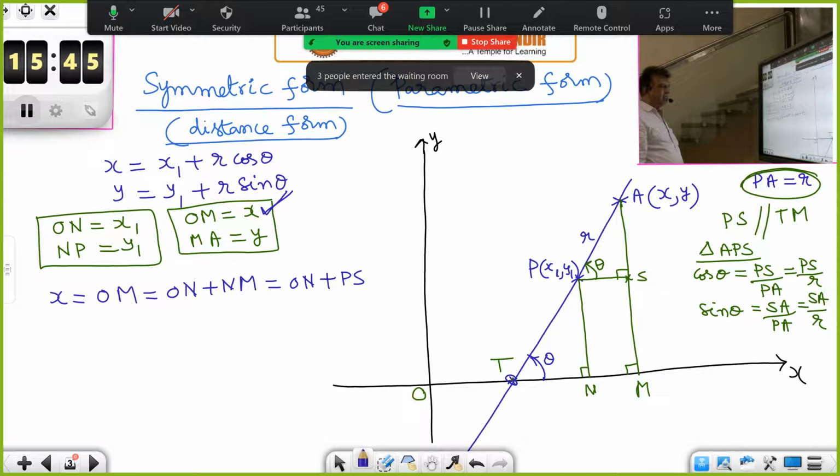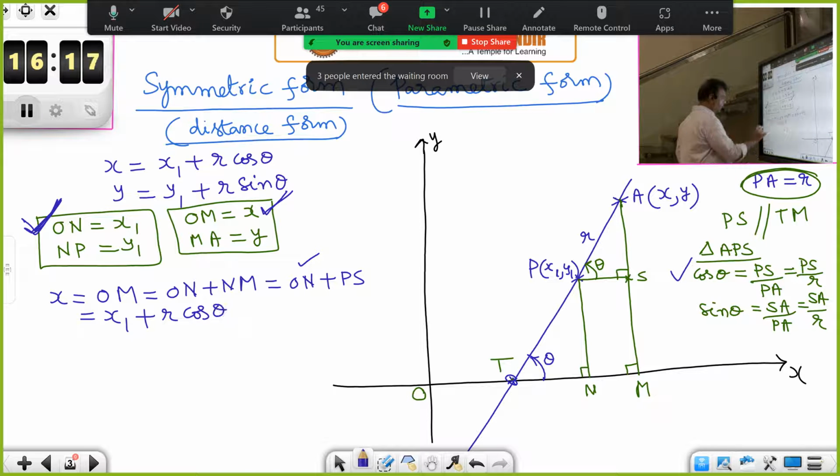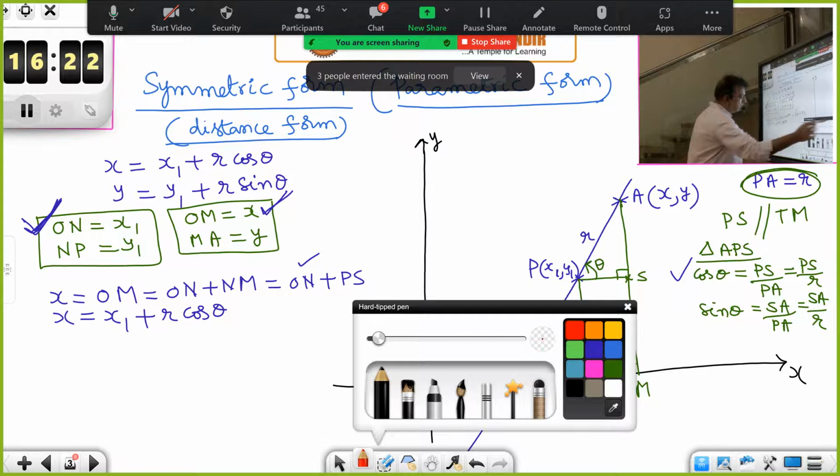PSMN is a rectangle. So therefore, NM is equal to PS. Now, this ON, first term ON, is it not x1? Yes, sir. x1 plus PS. From the formula, cos theta is equal to PS by r. Therefore, PS is equal to what? r cos theta, sir. r cos theta. So we have proved the first formula. x is equal to x1 plus r cos theta has been proved.